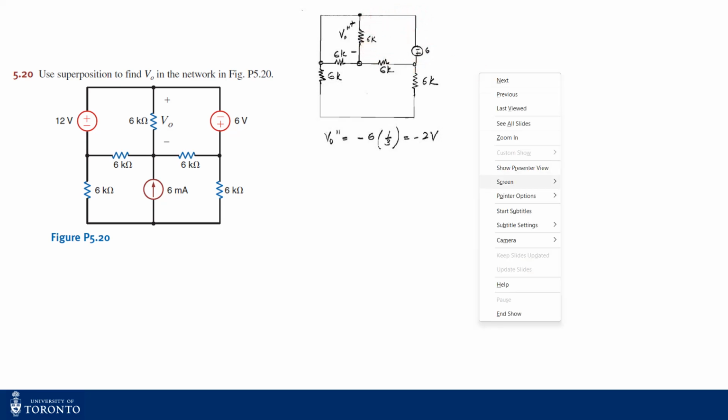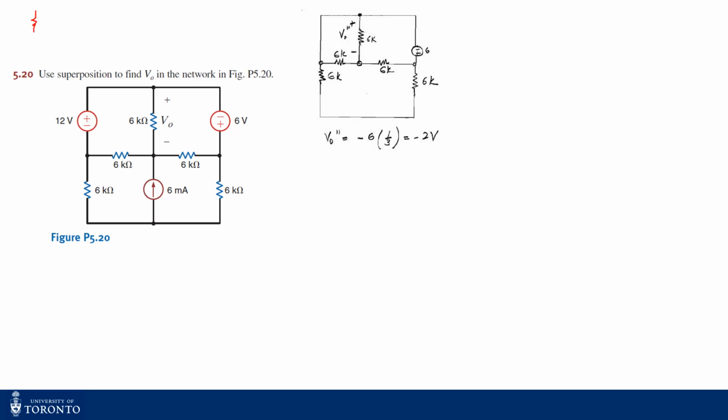So now basically the equivalent circuit becomes something like this. We have a 3 kilo ohms in series with the 6 kilo ohms, right? And they are in parallel with this 6-volt source, right?